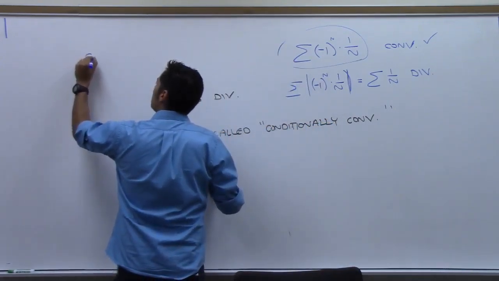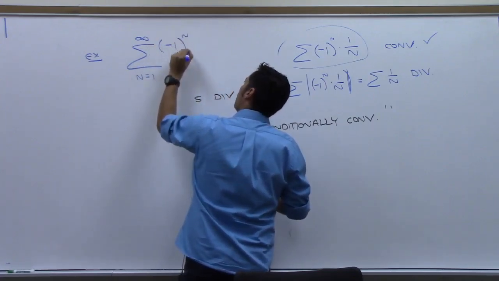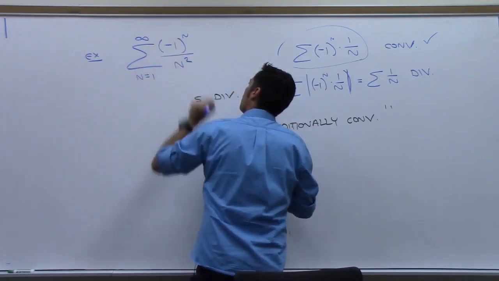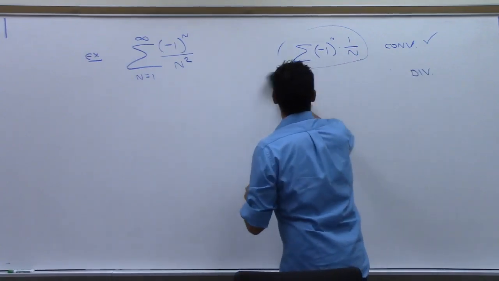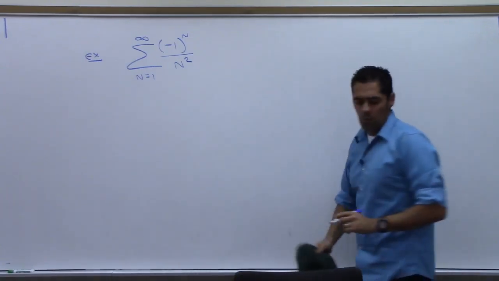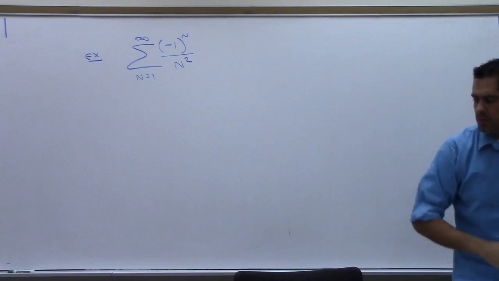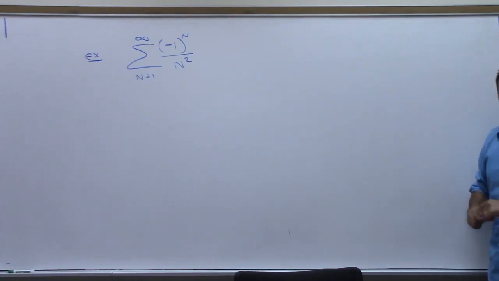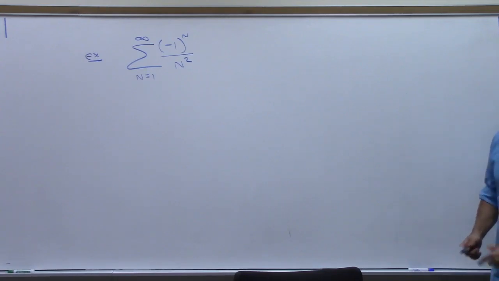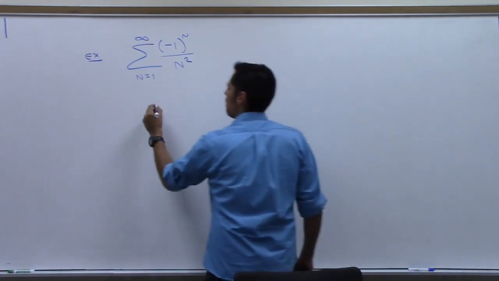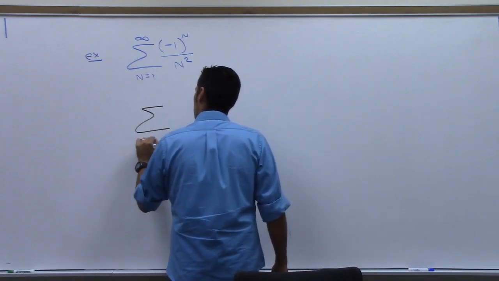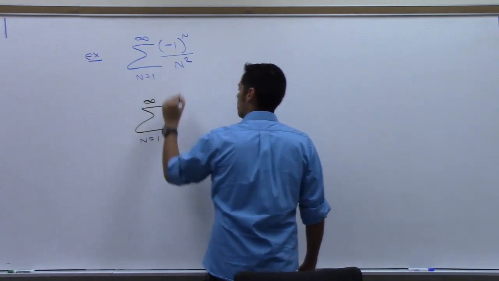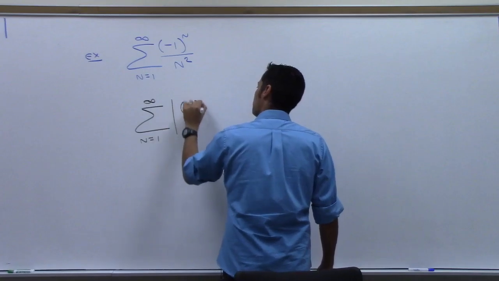What about this? Does this converge or diverge? What could we use to figure out if this converges or diverges? Absolutely. We could do the alternating series test, or we could try that last thing there. Take the absolute value of this, which is just 1 over n squared.